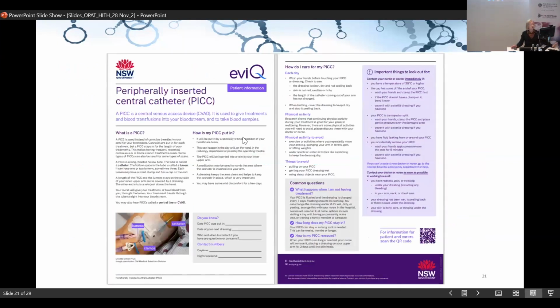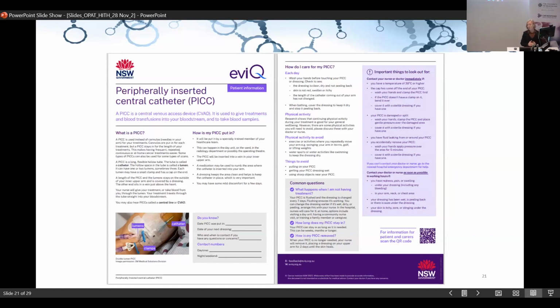This is an example of what that covers, and this is really important for the patients in that it tells them what a PICC is and what it means. It's got a picture and an image so that they can see what it's meant to look like, so they have an understanding. If it's not looking like that, then maybe there's something not quite right. And an image encompasses a whole heap of things.